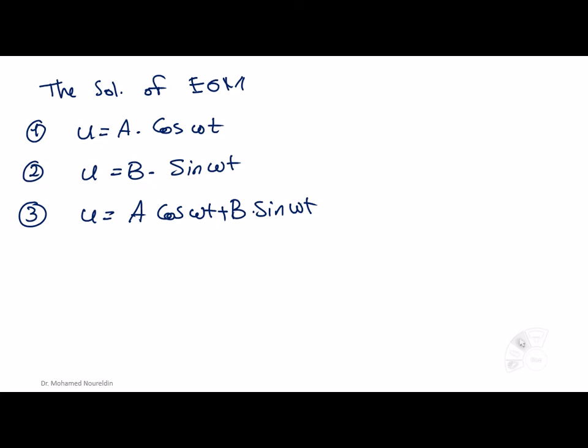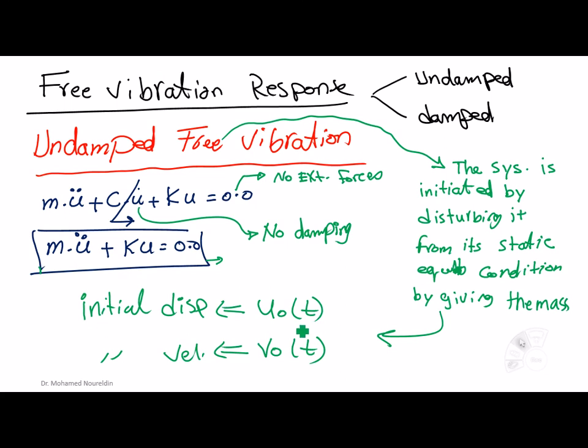Yes, we're going to use it, but at the same time, this constant, whether it is A or B, we are going to develop them from the initial conditions. Do you remember here? We said that we have initial displacement and initial velocity, right?